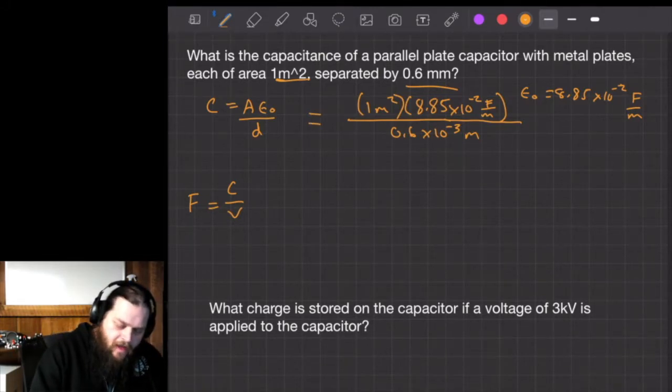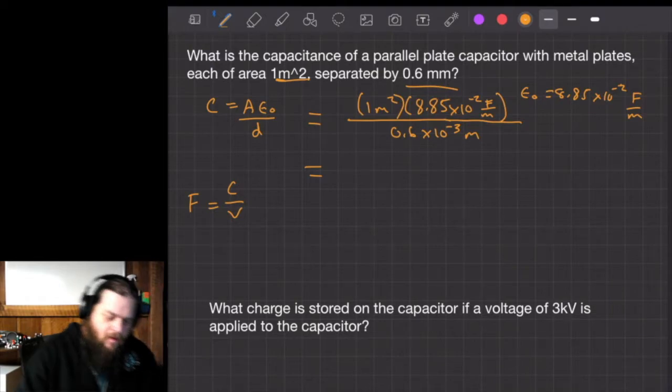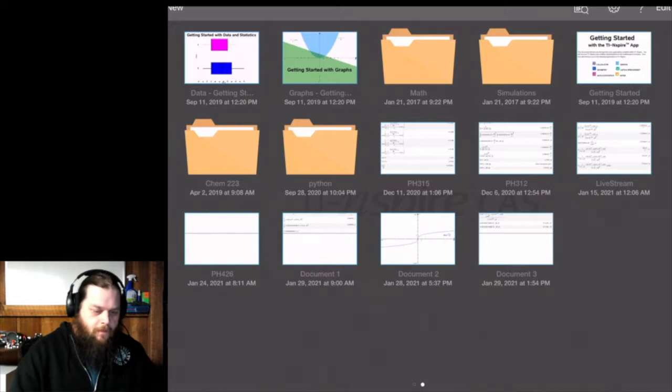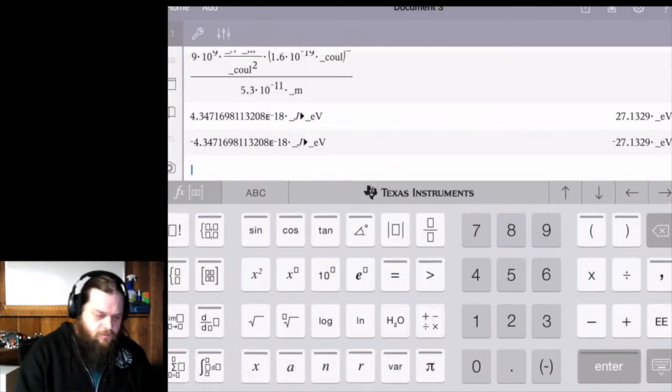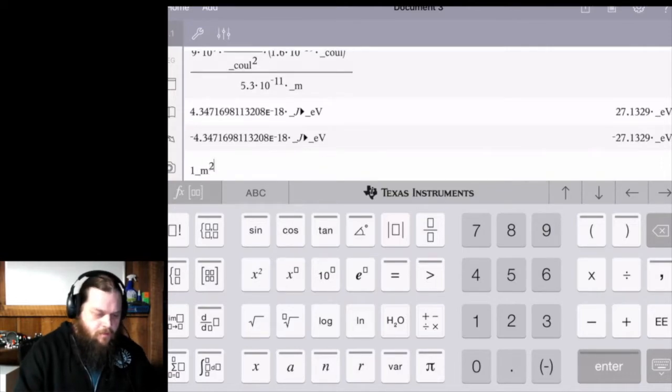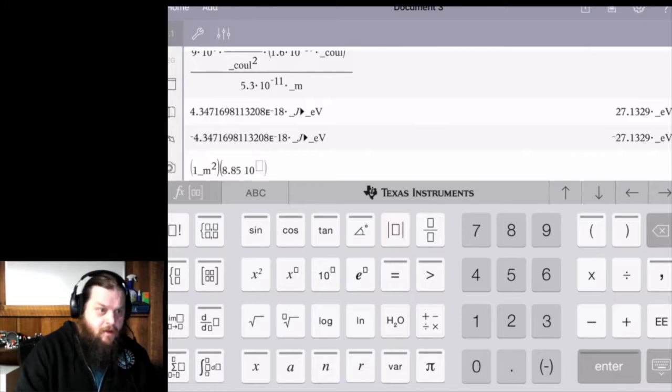So if we plug that into our calculator, we had 1 meter squared times 8.85 times 10 to the negative 12 farad per meter.